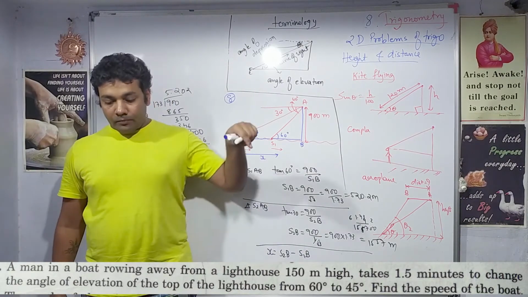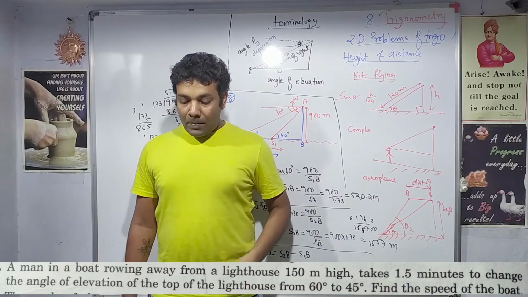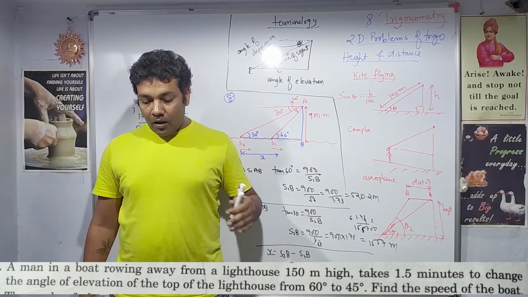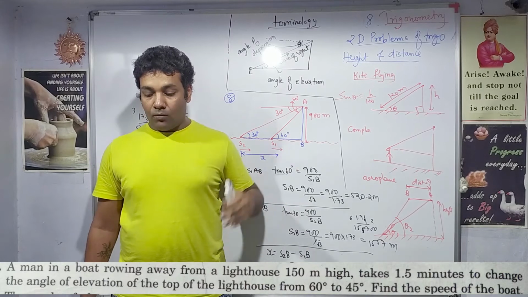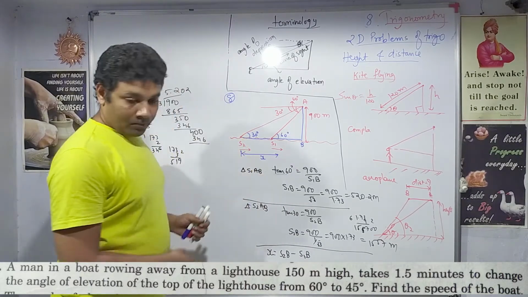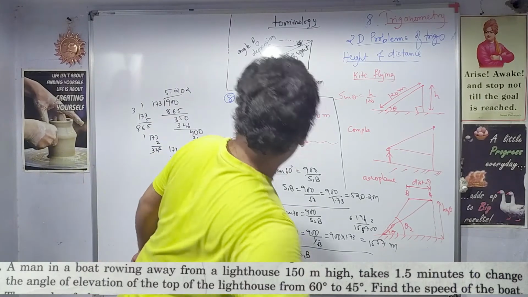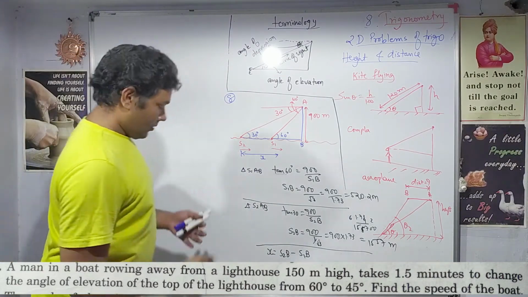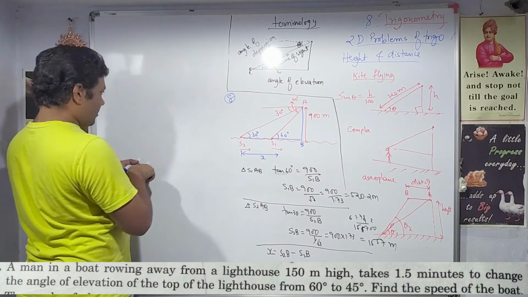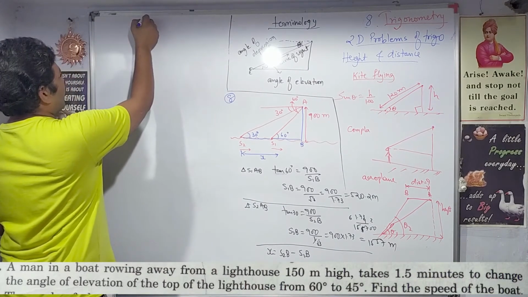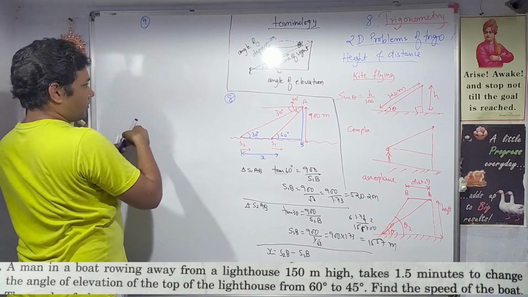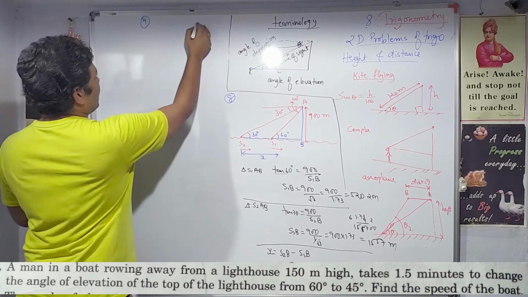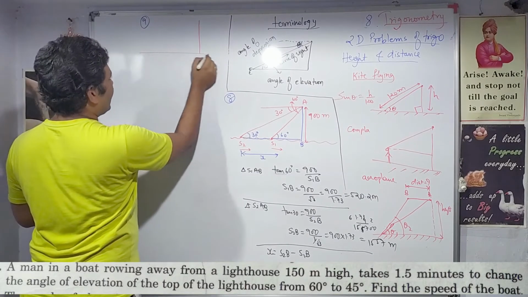Question number 9. A man in a boat rowing away from a lighthouse 150 meter high. So we'll draw a lighthouse. So let us say this is a lighthouse, right?